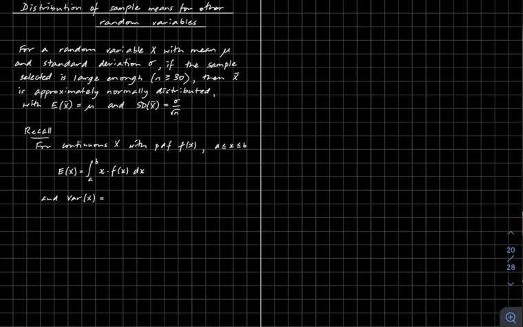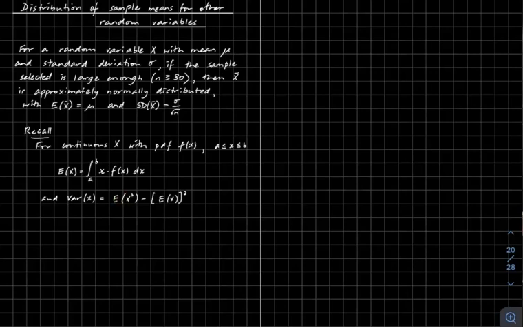So the variance of x we can actually do with an integral, but I think it's better for us to remember this one here, which is that it's the expected value of x squared minus the square of the thing we just mentioned above, so the square of the mean.